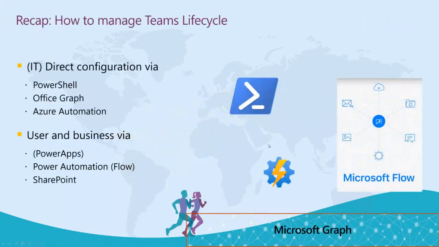Okay. From my point of view, you should consider how to manage the lifecycle management from Teams. Basically, for the IT department, it's good to use a direct configuration via PowerShell, Office Graph API, Azure Automation, because you are able to use more flexible ways.